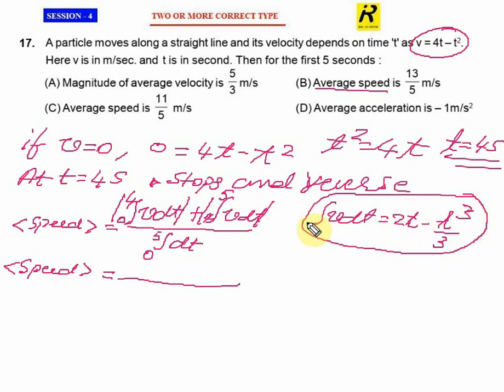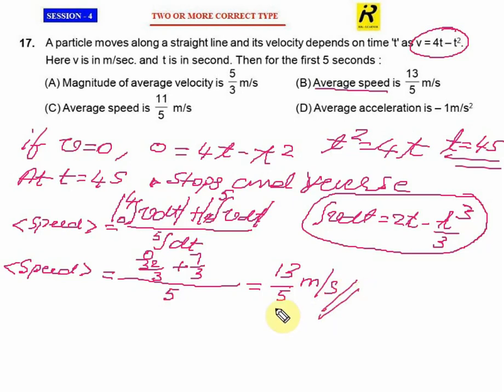The final answer will be something like this: 32 divided by 3 plus 7 divided by 3, whole divided by 5. So finally you will get 13 divided by 5 meter per second.